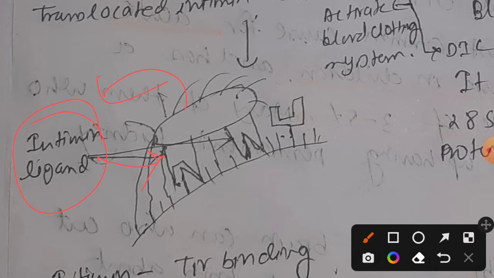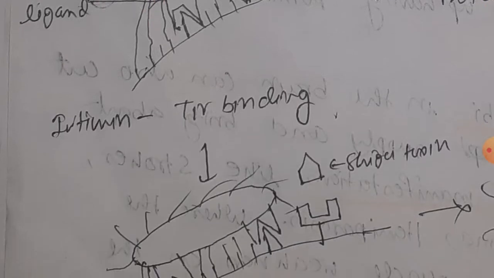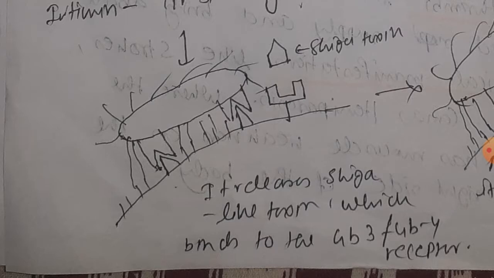Okay, so after that the firm attachment of the bacteria to the host cell is accomplished. First they attach with the help of fimbriae, then they express TIR and translocate it onto the surface of the enterocyte, and then they attach firmly to the enterocyte with the help of the intimin ligand present on their surface. Okay, clear?